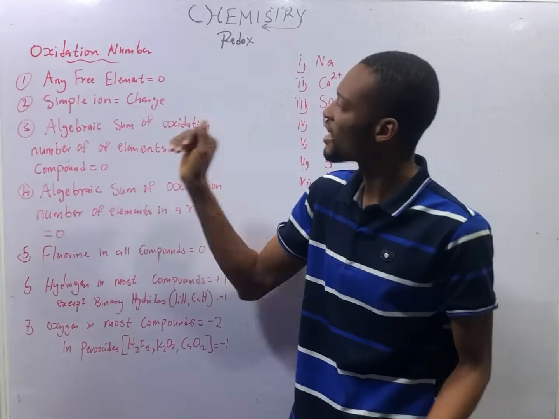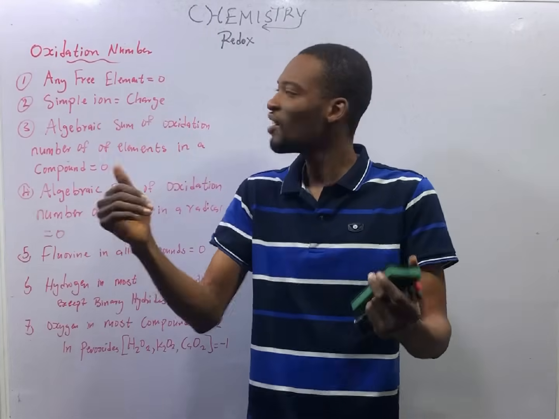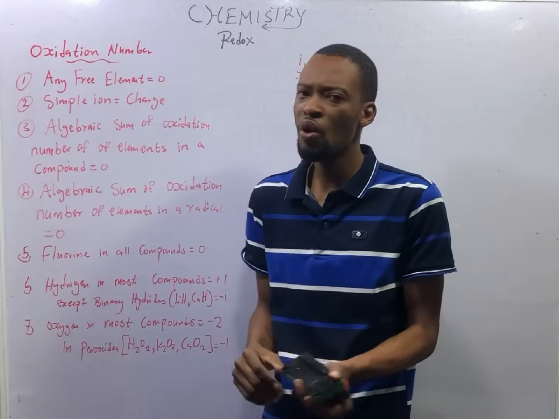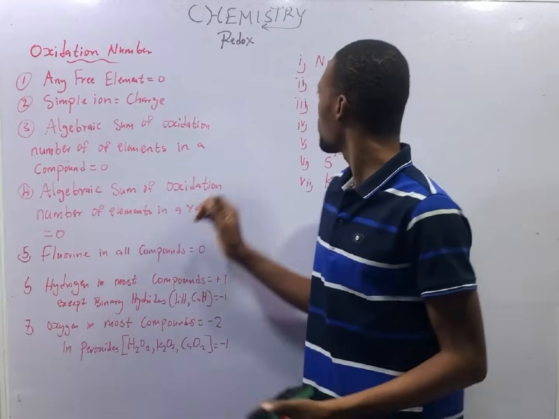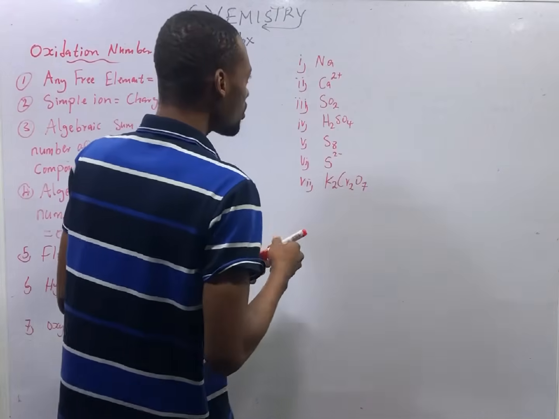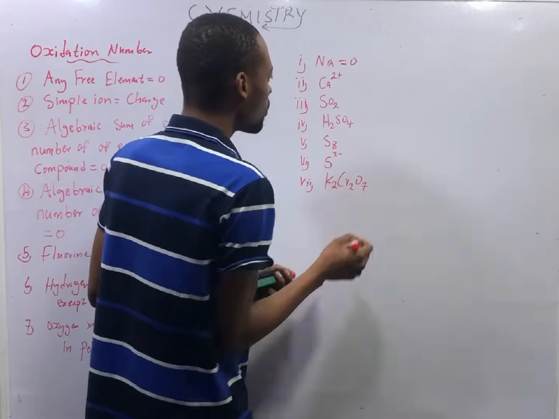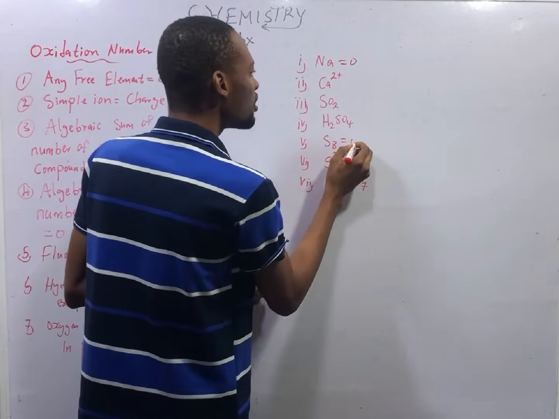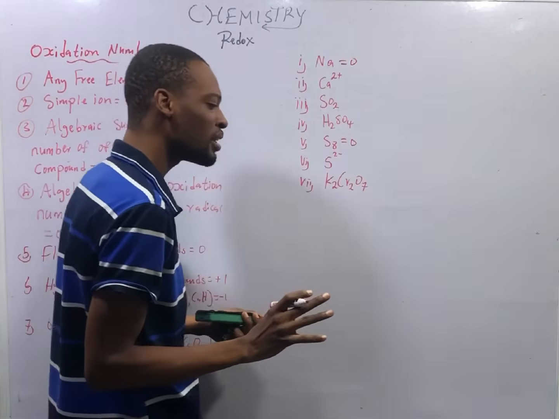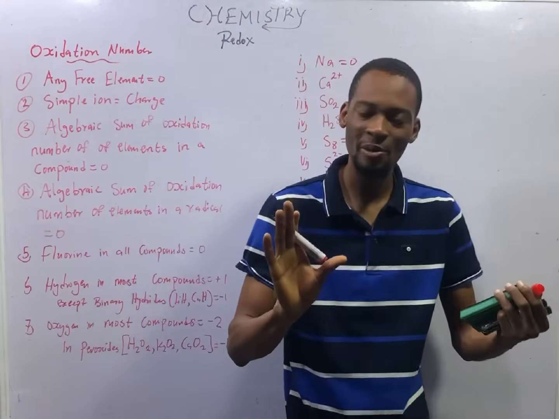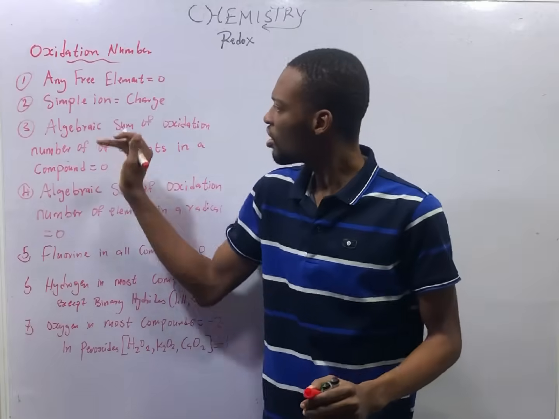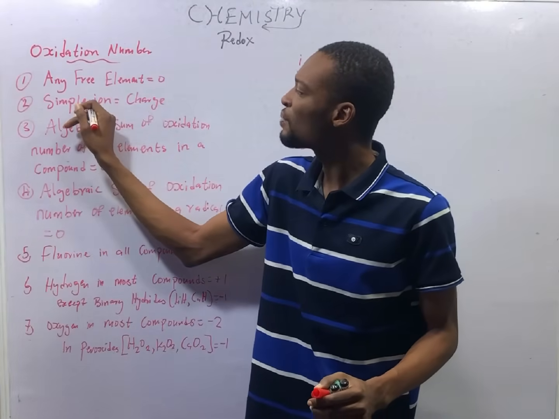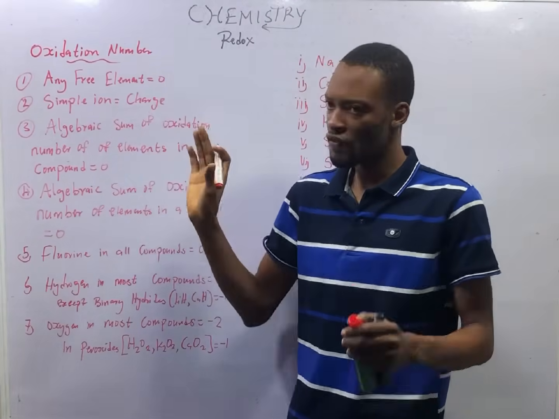Let's look at the rules. The first rule states that the oxidation number of any free element is equals 0. So, if you have sodium, the oxidation number of sodium is 0. Sulfur is a free element, just an element, it is 0. Free element means the element without a charge. The oxidation number of any simple ion is equals the charge of the ion.